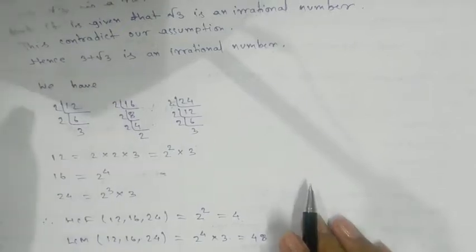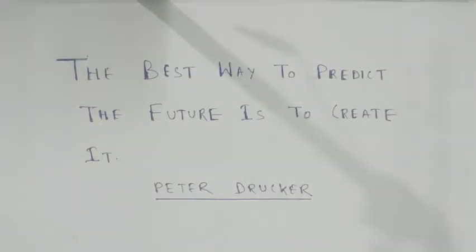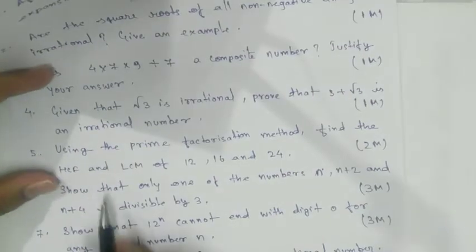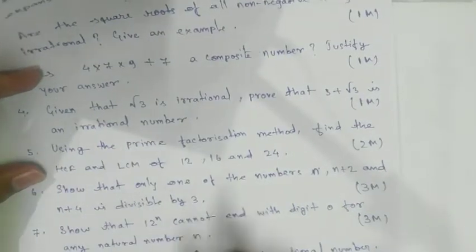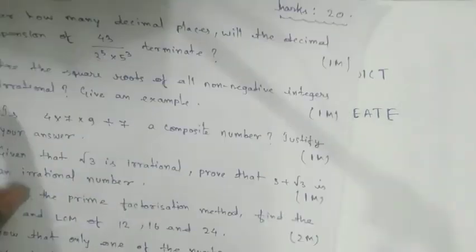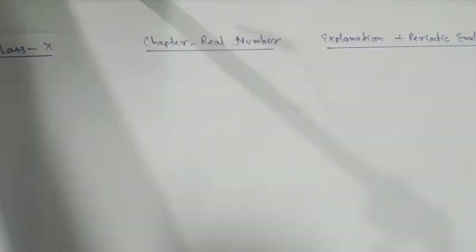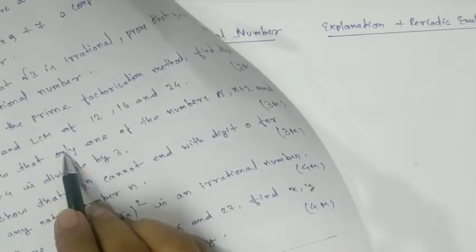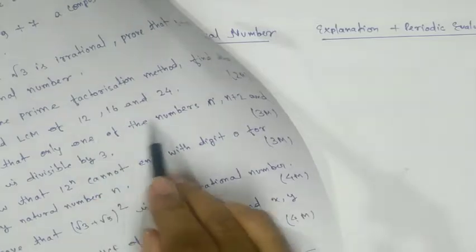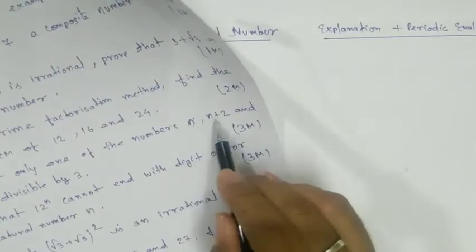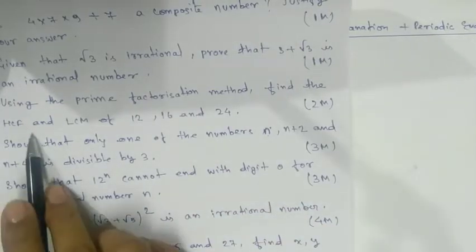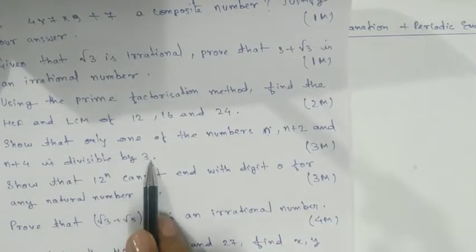Okay, next problem, question number 6. We'll see how to solve this part. See here what they are saying: show that one and only one of the numbers n, n plus 2, n plus 4 is divisible by 3.